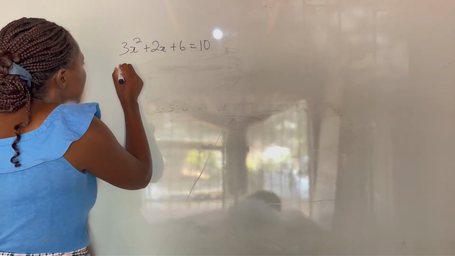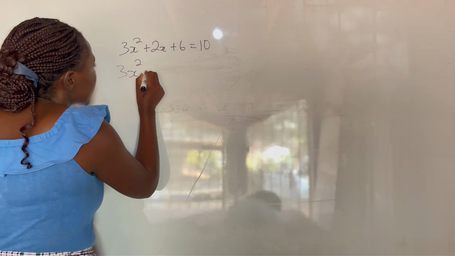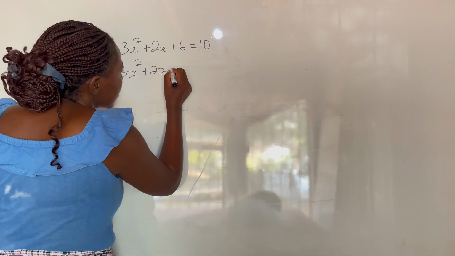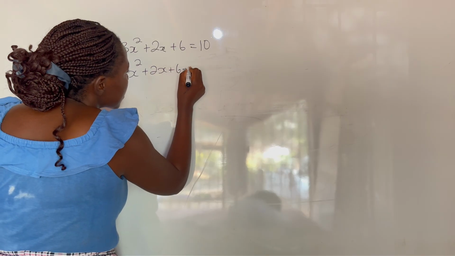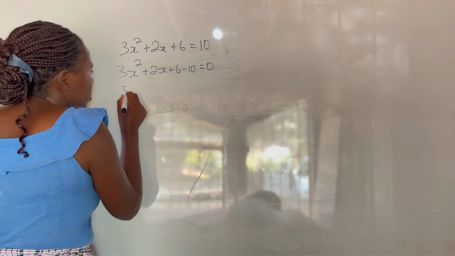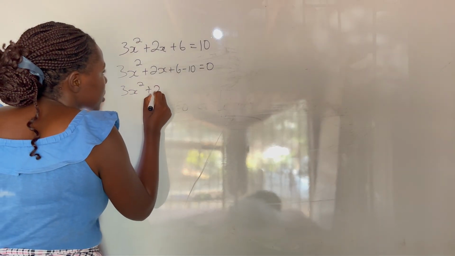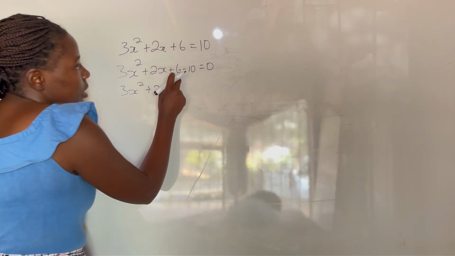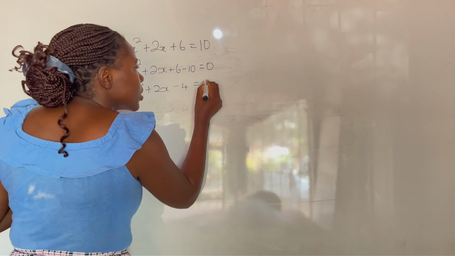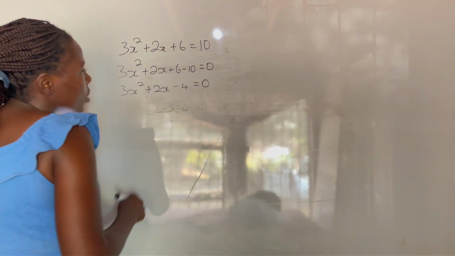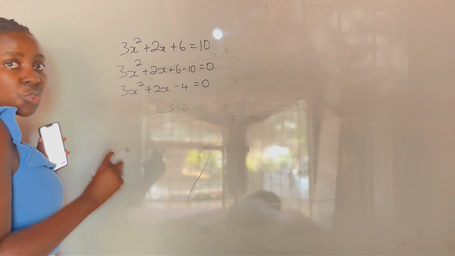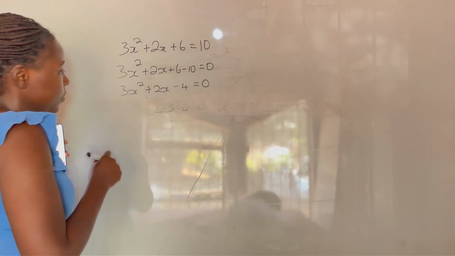So we say 3x squared plus 2x plus 6 minus 10 is equal to 0. So 6 minus 10 gives us negative 4, and we equate to 0. Here is where we introduce the quadratic formula, which we will use to solve for x.